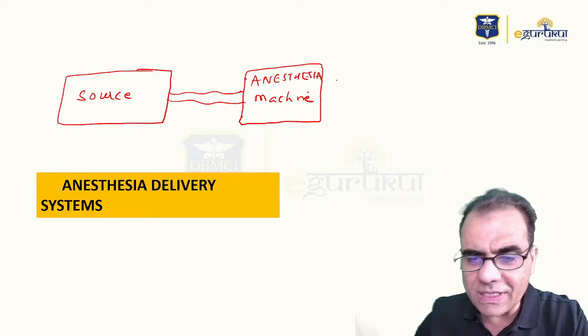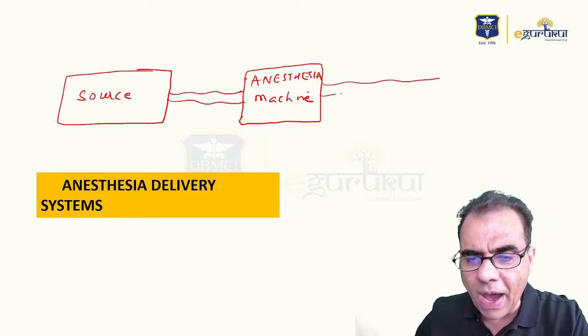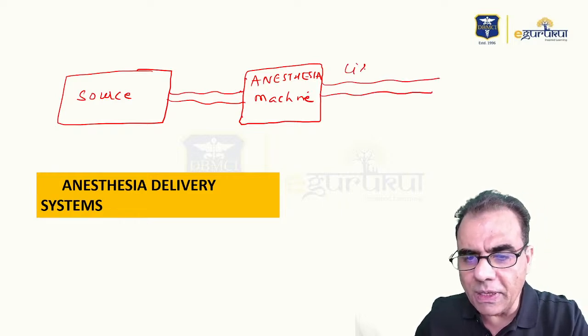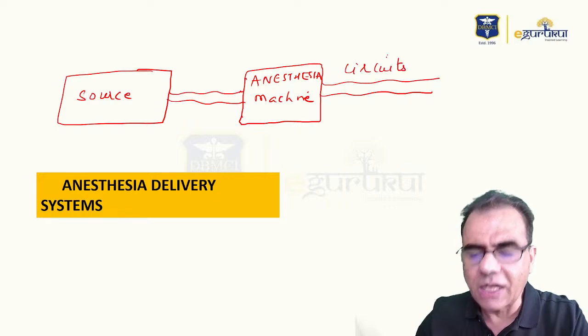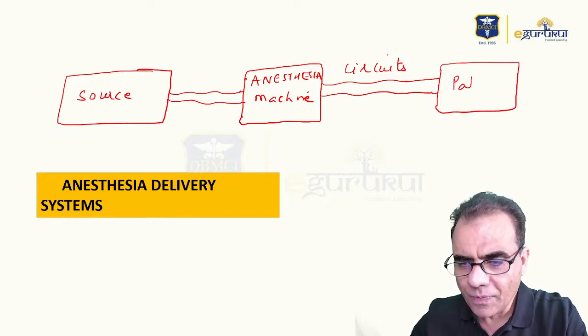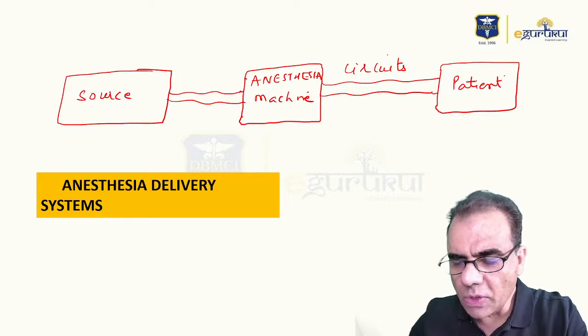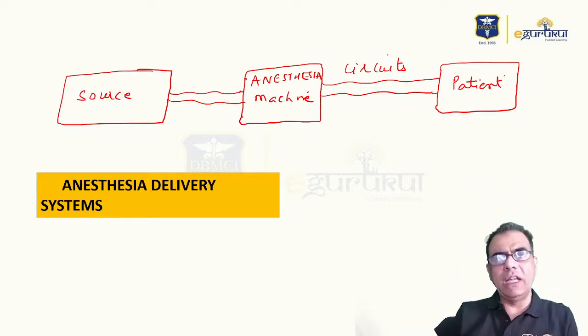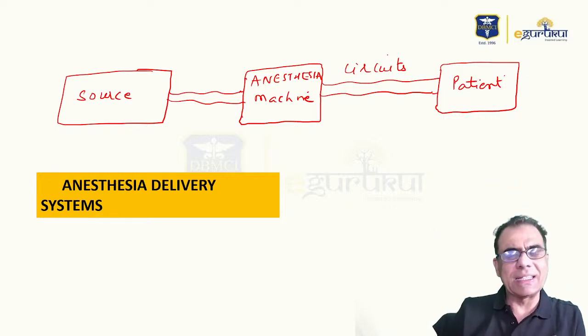And then from this anesthesia machine, by the breathing circuits or the tubings, the gases are going to reach the patient. So this is the chain of delivery of the anesthetic gases.